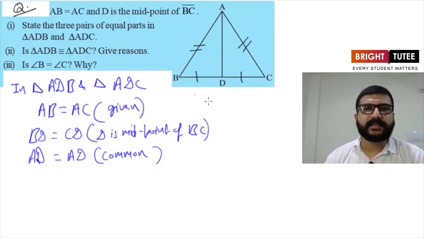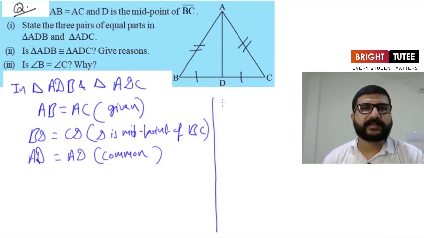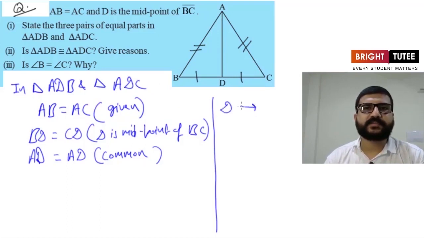Now how to write congruency relation in symbolic form? What we will do for that, we will check which vertex is corresponding to which vertex of the second triangle. Now see here, in the first triangle ADB, AB is equal to the AC of the second triangle ADC. So AB is equal to AC, and the vertex opposite to AB is D, and the vertex opposite to AC is also D. So it means D corresponds to D. And then we have BD is equal to CD.